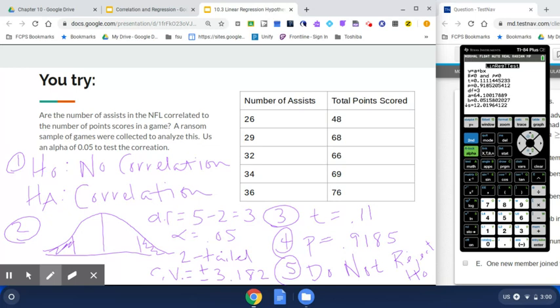We got the t-value, the t-test statistic, as 0.11, the p-value as 0.9185. P is greater than alpha here, so p is not low, so we do not reject the H-naught. If we're not rejecting the null hypothesis, we are saying there is no correlation between the number of assists and the total points scored in the NFL.